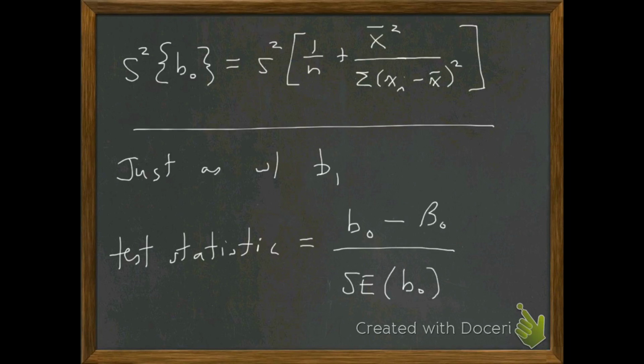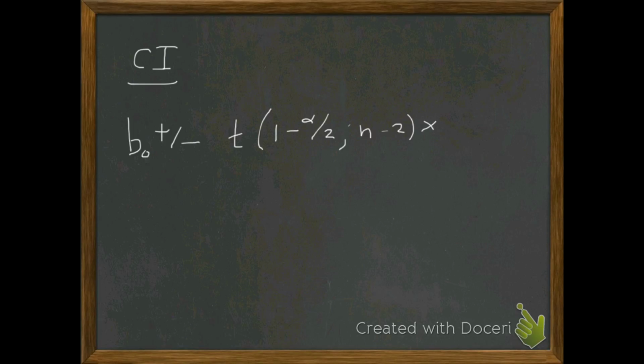And again, this follows a t-distribution, degrees of freedom n minus 2. Our confidence interval, just as before, can be calculated by taking our parameter estimate, adding and subtracting our margin of error, which gives us our t-critical times our standard error.